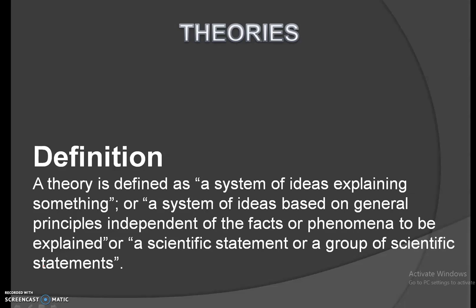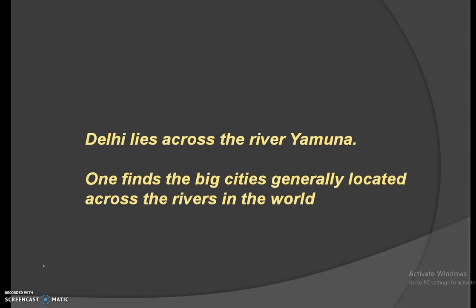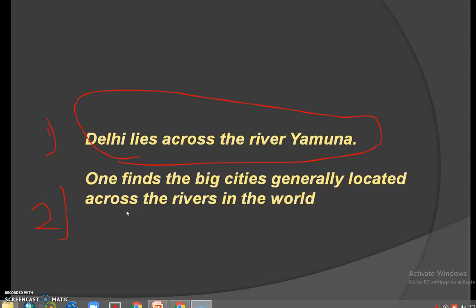So consider these two statements. Delhi lies across the river Yamuna. Second, one finds the big city generally located across the river in the world.